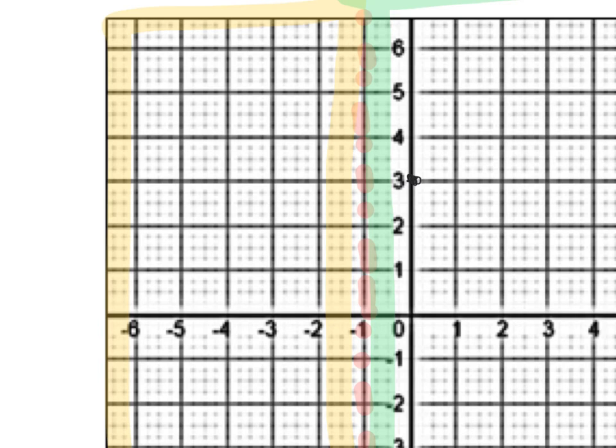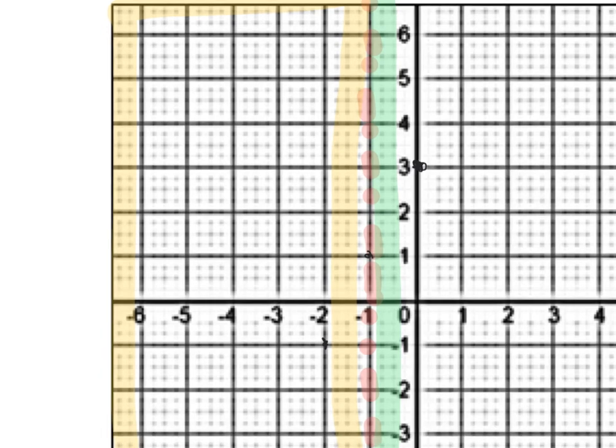And I'm not going to connect the lines until I get into this region over here. All right, so my y-intercept is 3. Slope is up 2 over 1. I don't really care about anything in this green area, so I'm going to go backwards, down 2, backwards 1 to get a point there. Repeat that process to get a few more points.